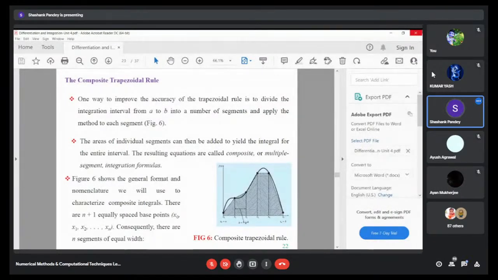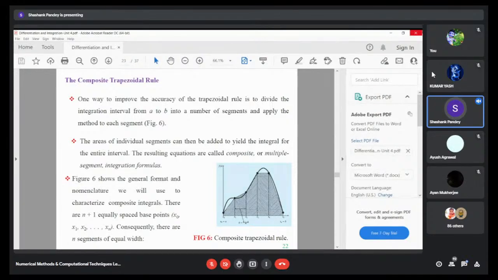One way to improve the accuracy of the trapezoidal rule is to divide the integration interval from a to b into a number of segments and apply the method to each segment. So for the same function, you can divide the x-axis into a number of intervals.